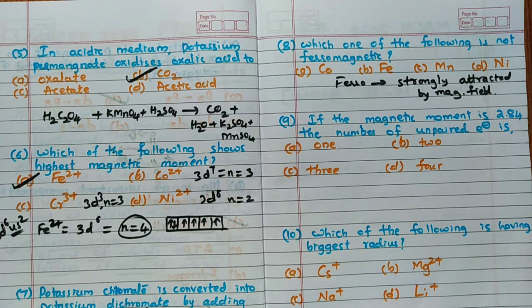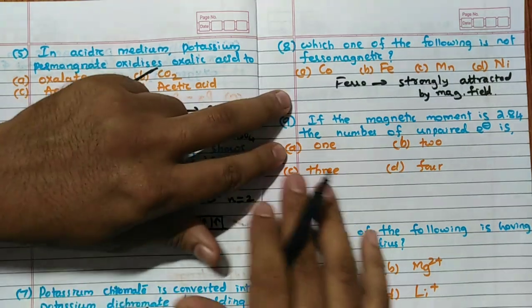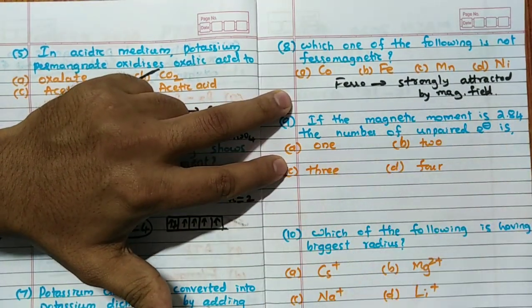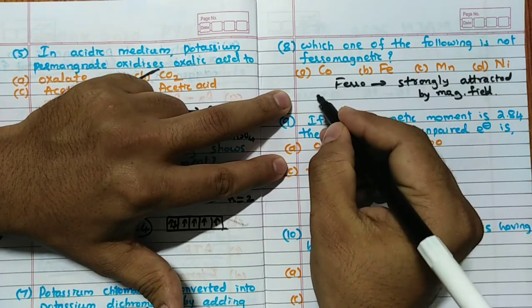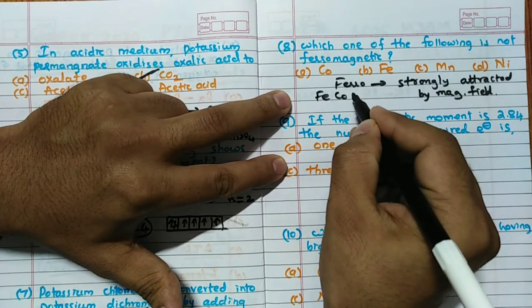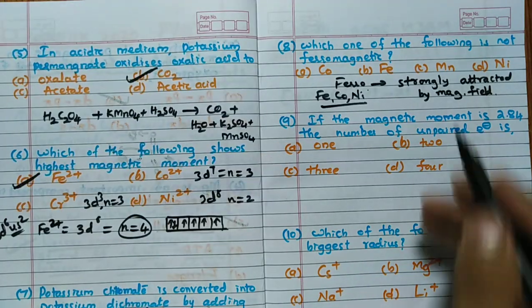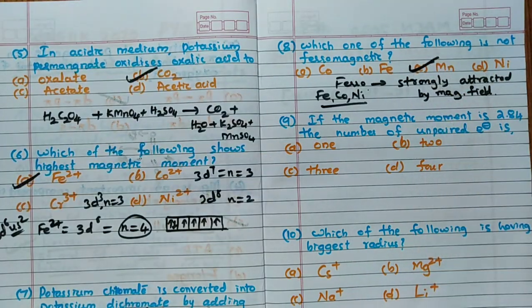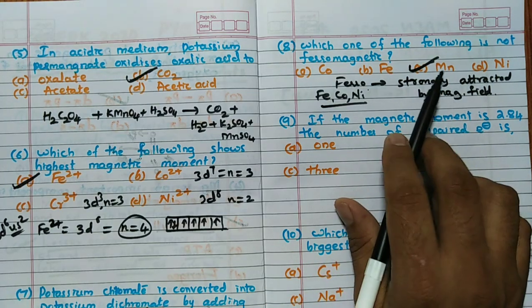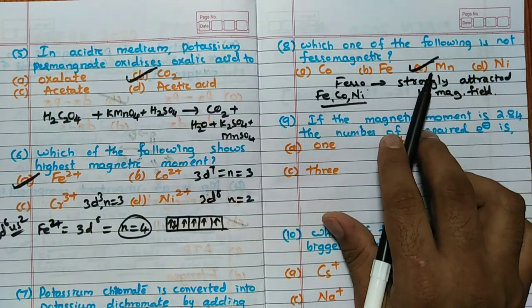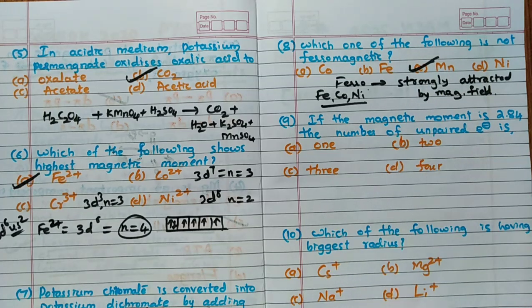By seeing the element we cannot say. For that reason, generally remember 3 elements in the d block: iron, cobalt, nickel. These 3 are ferromagnetic substances and manganese is not. So the answer is Mn, which is not ferromagnetic.